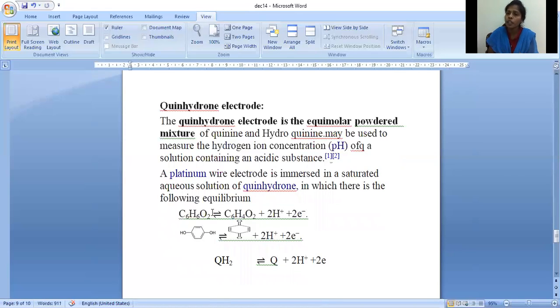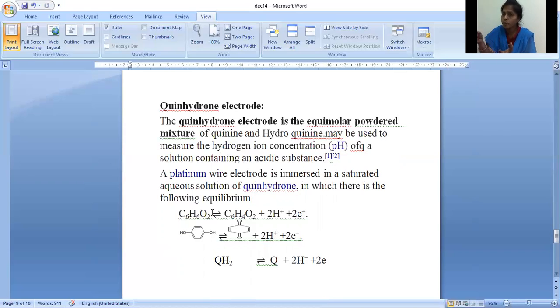So what are we doing? We are preparing the saturated aqueous solution of quinhydrone. What is an aqueous solution? An aqueous solution is a solution which contains water as the solvent. We take the quinhydrone powder and mix it in water and the acid, because it is used only in the presence of acid.